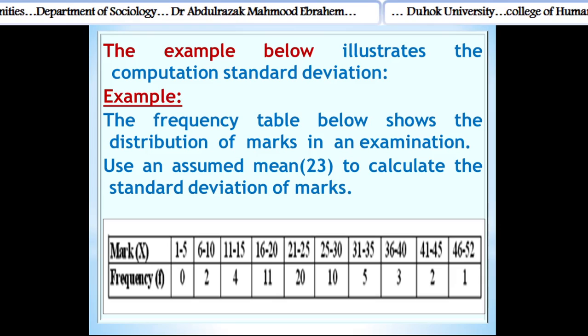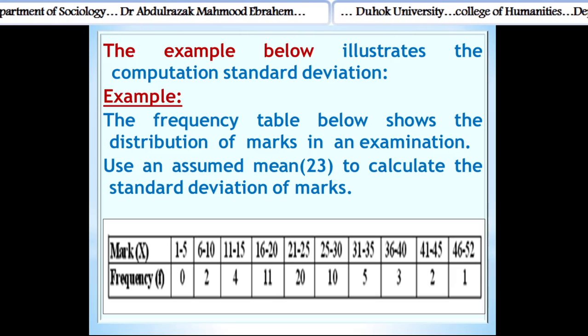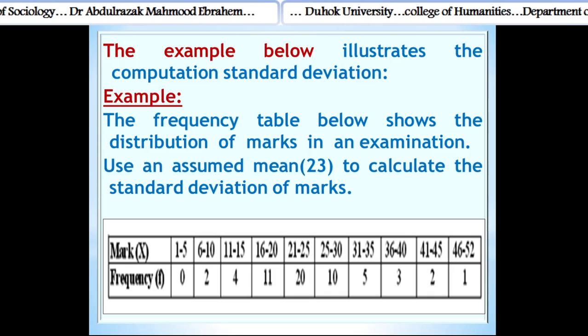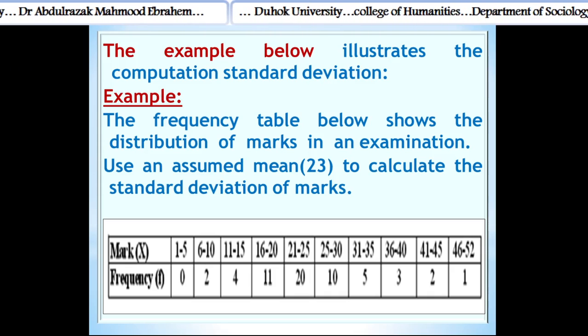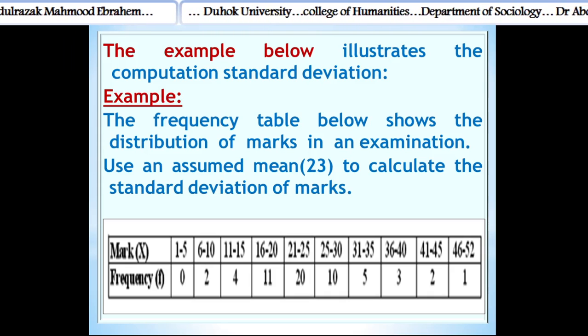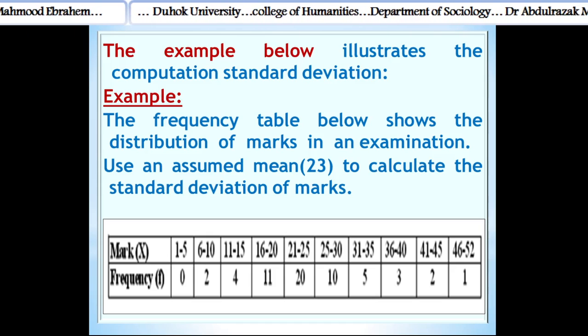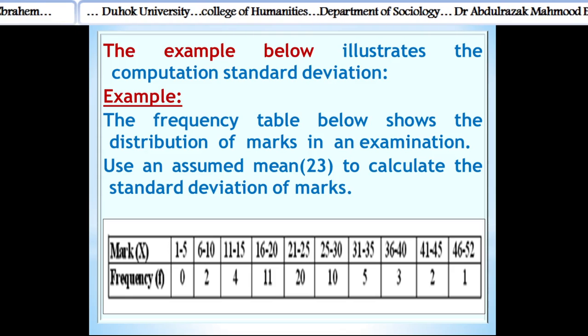We have a sample table here containing marks and frequency. How can we make a second table from this, step by step?